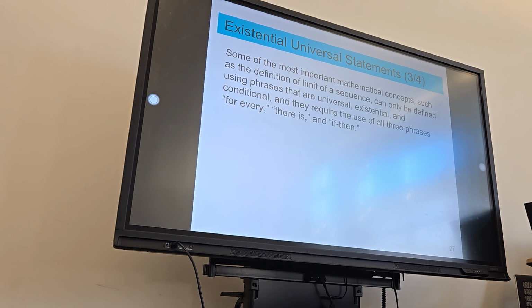Let's see here. Everybody here is taking calculus, right? Okay, so Cal 1 at least. Some of the most important mathematical concepts, such as the definition of a limit of a sequence, can only be defined using phrases that are universal, existential, and conditional, and they require the use of all 3 phrases: for every, there is, and if then.